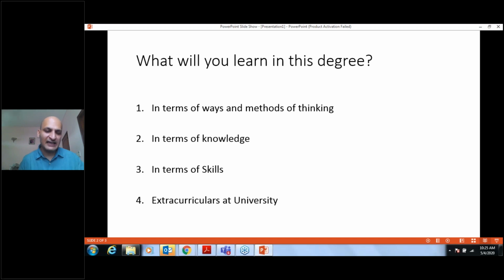And there are, of course, a range of extracurriculars at our university. At any university, you would have some extracurriculars where you will grow. For example, there'll be a theater society where you can learn acting. There'll be a filmmaking society where you can learn filmmaking. There will be a dance society. There'll be sports societies, various.